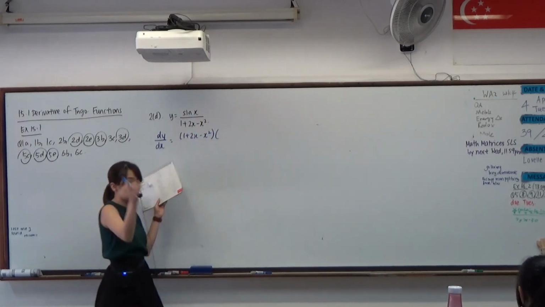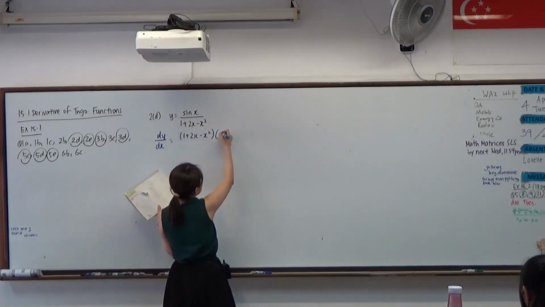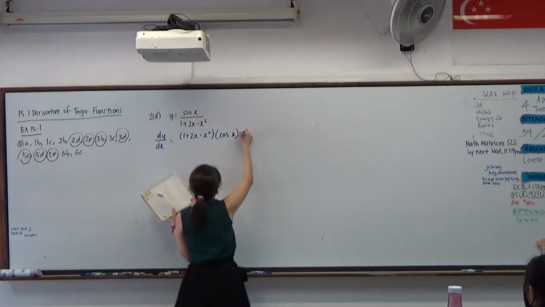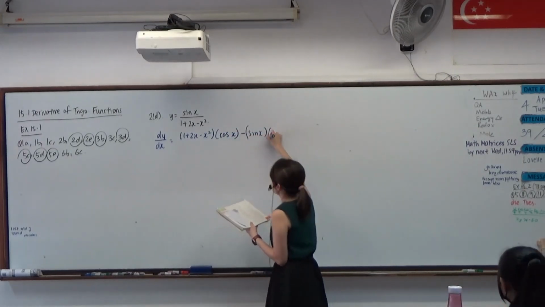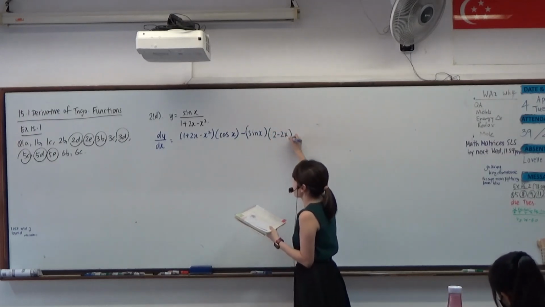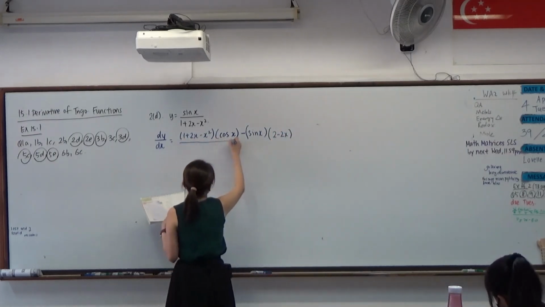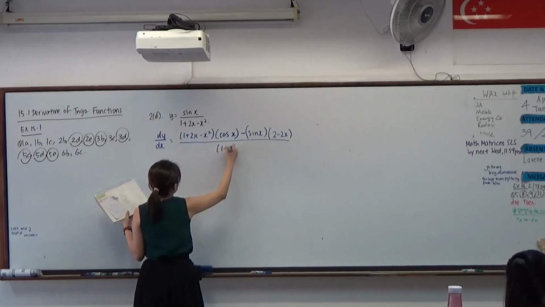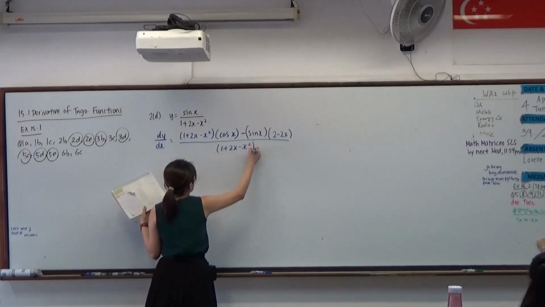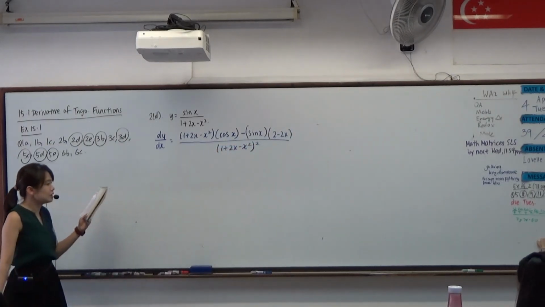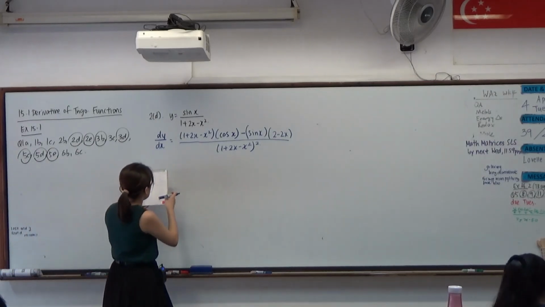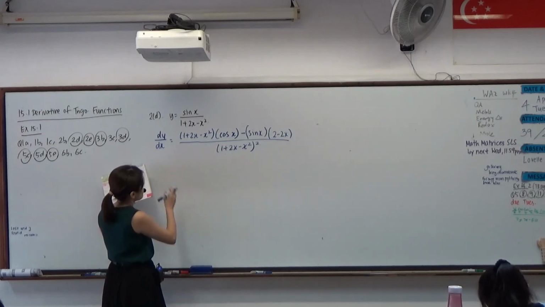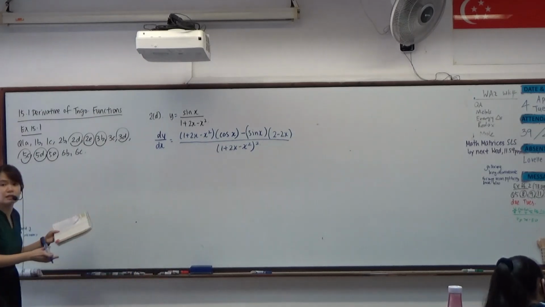Sin x itself is all together, so differentiating sine we will get cosine. Minus away, keeping the top, differentiate the bottom, and then bottom square. Right? And then we can proceed with simplifying it. Actually there isn't much to simplify. You can just keep it this way. It is good enough already.